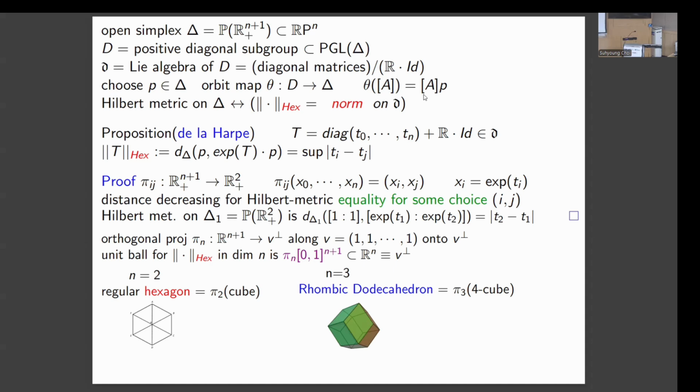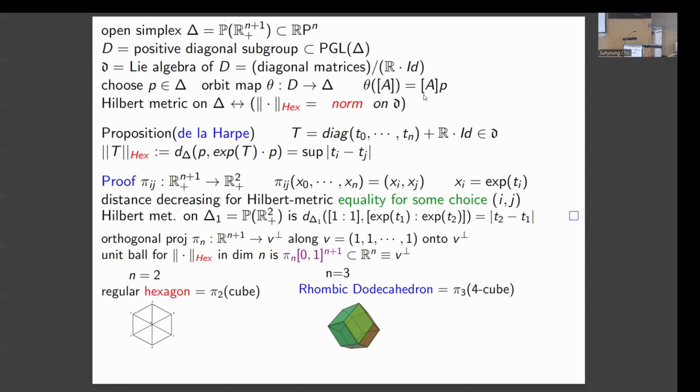If you take two points in a simplex and calculate the Hilbert metric, you take a segment of a projective line that goes through those two points. The endpoints of that segment are on faces of this simplex, and those two faces correspond to two coordinates, i and j.